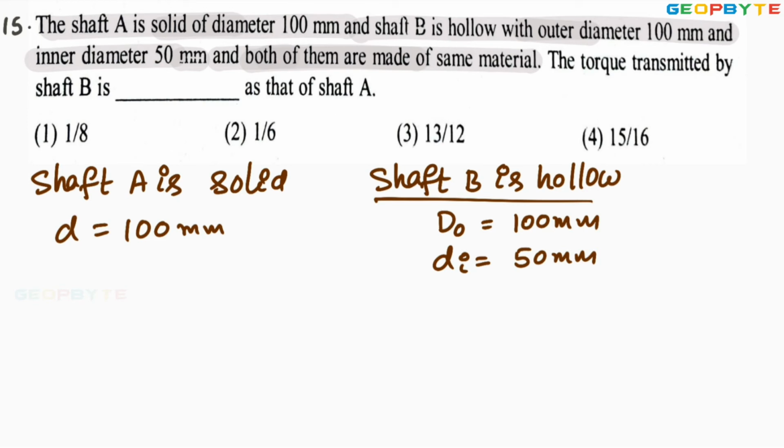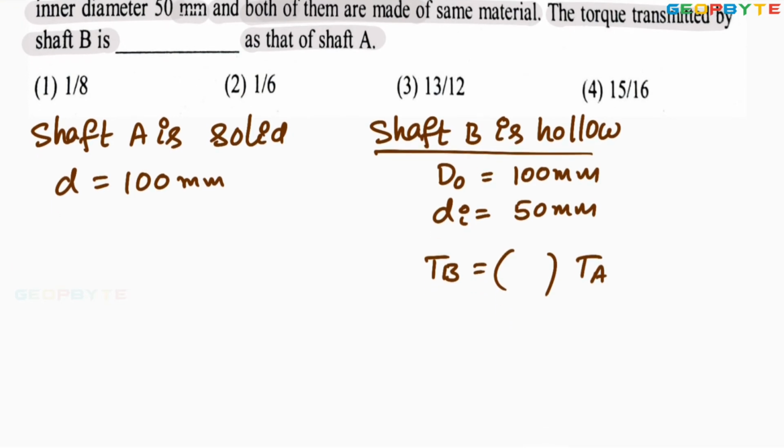The torque transmitted by shaft B as that of A. You are asked to find the torque transmitted by B in terms of the torque transmitted by A. Dear friends, the torque transmitted by A is equal to pi by 16 into tau A into dA cube.